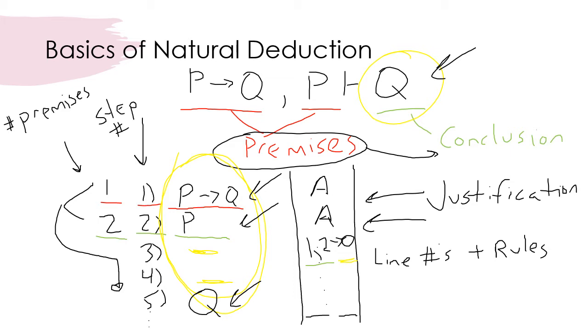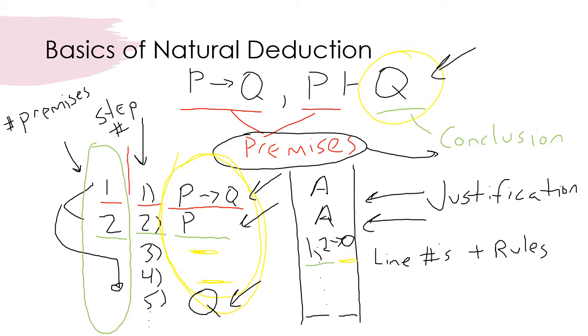It will be your job to figure out how to get from these premises to this conclusion using the rules that we have at our disposal and the information in the actual proof itself. But on this slide, I just want to point out that there are 4 different things that you'll want to know. There are 4 different columns. You'll have your premises column here.